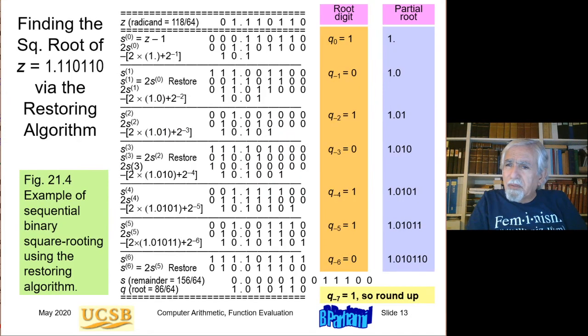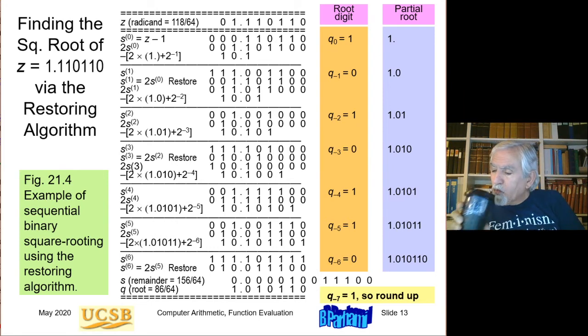Okay, so let's do a numerical example to make sure we understand this algorithm. The radicand is this number. It has 2 whole bits and 6 fractional bits.